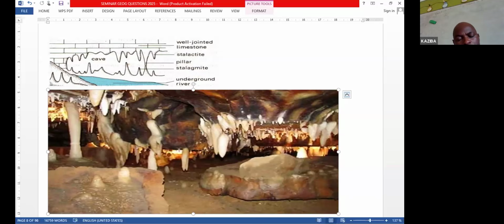When this weak carbonic acid gets into rocks containing calcium carbonate, it dissolves them. When it's dissolved, it starts dripping. When it solidifies on the roof of the cave, it is called a stalactite. When it drips and solidifies on the floor of the cave, it is called a stalagmite. When the stalactite joins with the stalagmite, it forms a pillar.